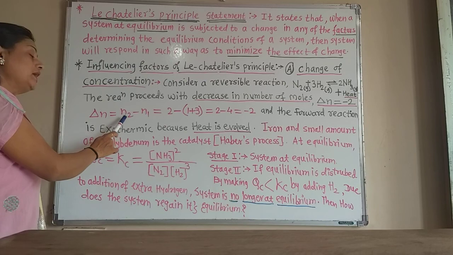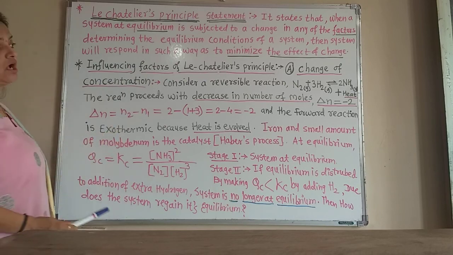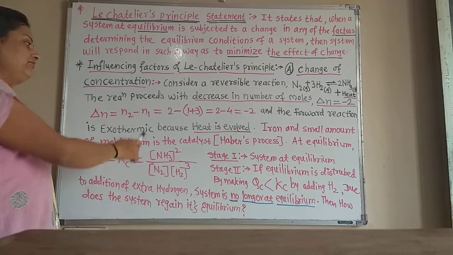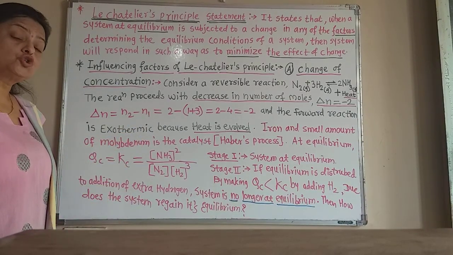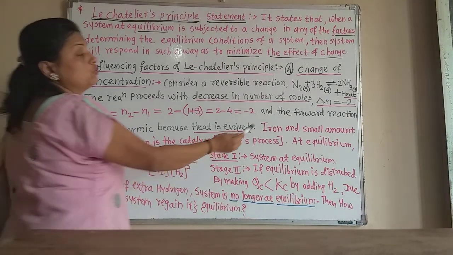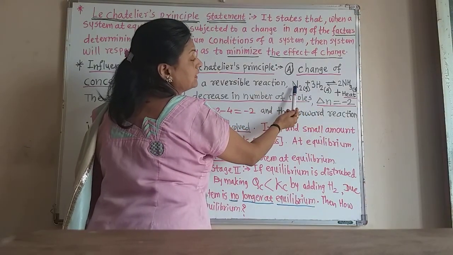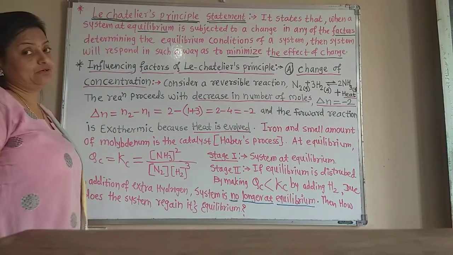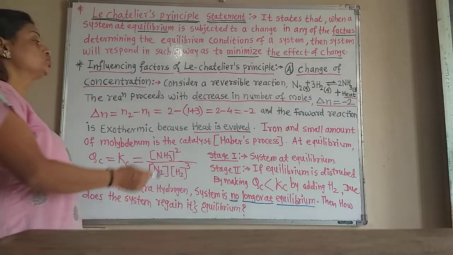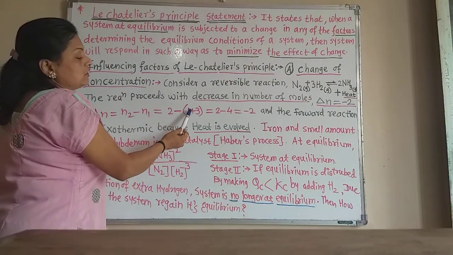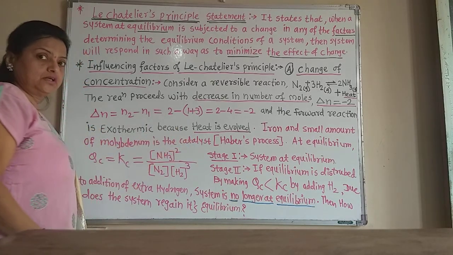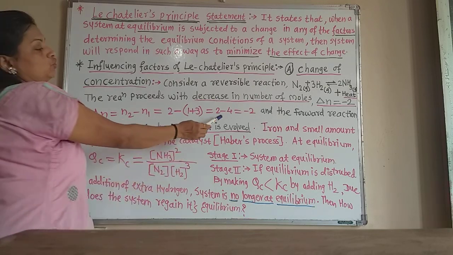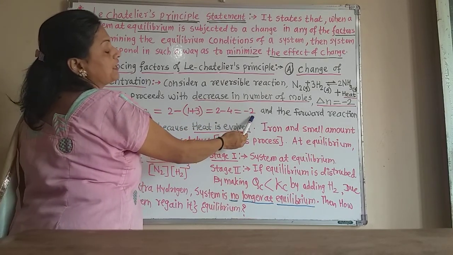Here n2 is the number of moles of product. How many moles of product? 2. And n1 is the number of moles of reactant. How many moles of reactant here? 3 plus 1, because nitrogen has 1 mole and hydrogen has 3 moles. So 2 minus (1 plus 3) for nitrogen and hydrogen. 1 plus 3 means 4. So 2 minus 4 is equal to minus 2.